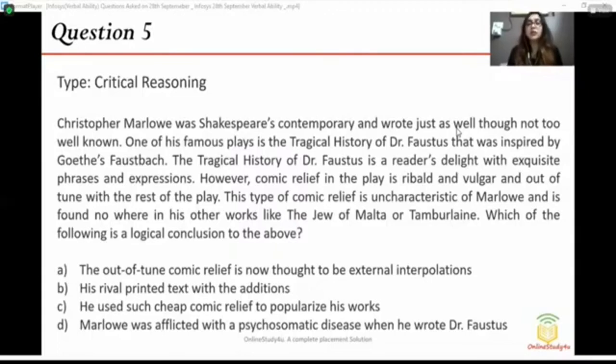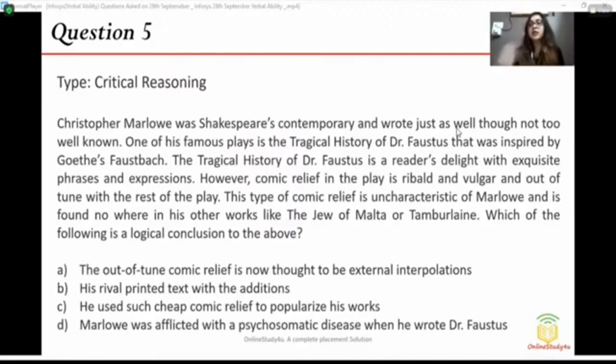Now it says the out of tune comic relief is now thought to be of external interpolations. It has a theory which is related to external interpolation that they've mentioned. His rival printed the text with additions. He used cheap comic relief to popularize his work, and Marlowe was afflicted with a psychosomatic disease when he wrote Dr. Faustus.